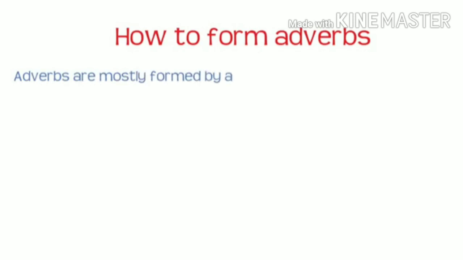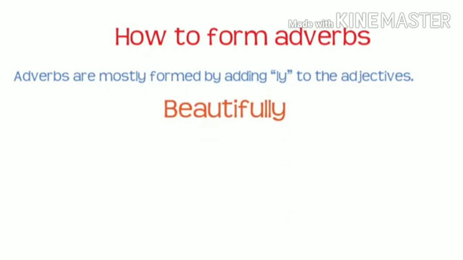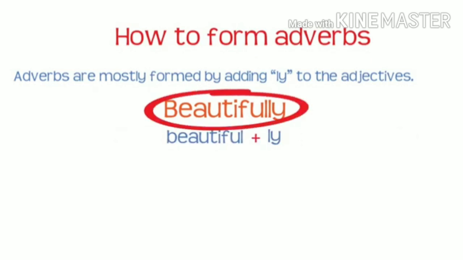Adverbs are mostly formed by adding ly to the adjectives. For example, we have a word here, beautifully. Beautiful plus ly is beautifully. Beautiful is an adjective, and when we add ly to the word beautiful, it becomes an adverb.